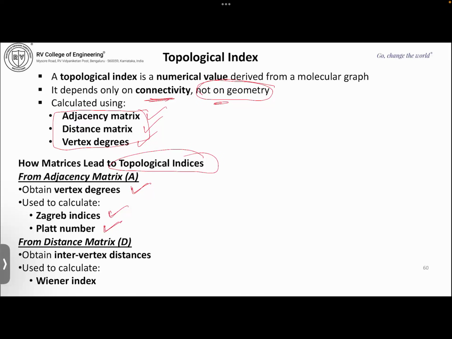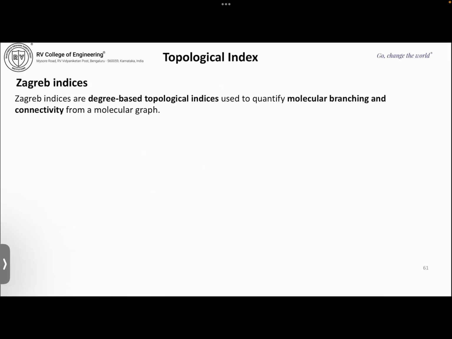These are the two topological indices that we are discussing here. From the distance matrix, we obtain inter-vertex distances, and this matrix is used to calculate another topological index called the Wiener index. Let us first understand the Zagreb indices.